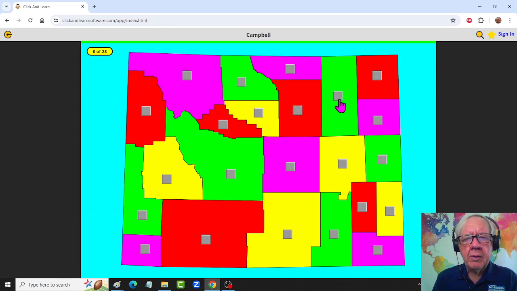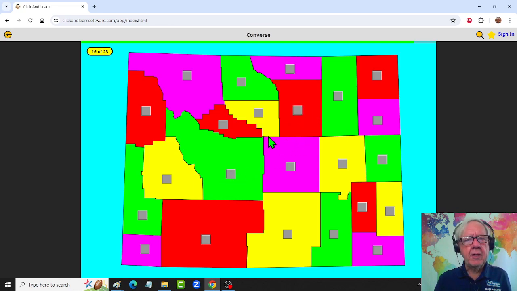Test mode. Campbell, Hot Springs, Niobrara, Goshen, Lincoln, Johnson, Uinta, Albany, Crook, Sublette, Natrona, Teton, Sheridan, Sweetwater, Fremont, Washakie.